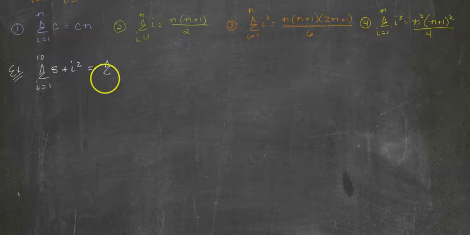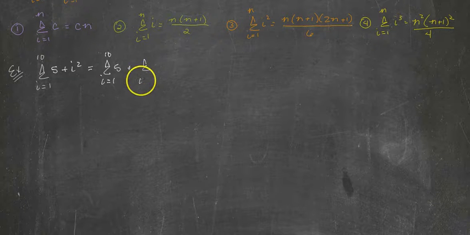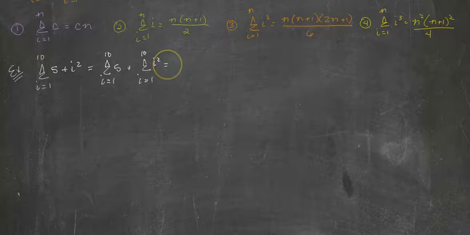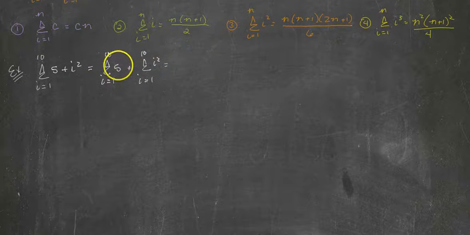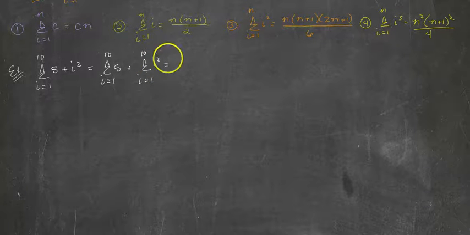So you have the sum i goes 1 to 10 of 5 plus the sum i goes 1 to 10 of i squared. If I had to do this longhand, I would have to write 5 plus 5 plus 5 plus 5 plus 5 all the way up to 10, and then 1 plus 4 plus 9 plus 16 all the way up to 10 perfect squares, or I can use the formula.